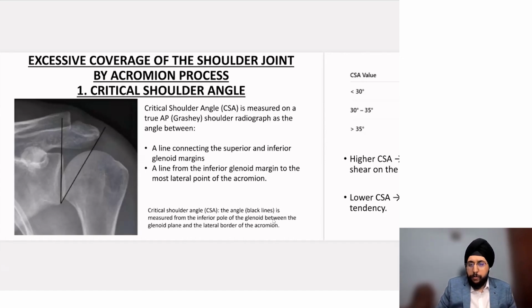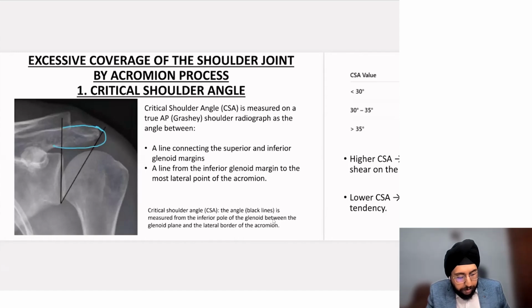Now there are some other points which can cause increased risk of subacromial impingement. There can be excessive coverage of the humeral head by the acromion. You can measure this by the critical shoulder angle. But you should use this only when you see abnormal over coverage of the humeral head.